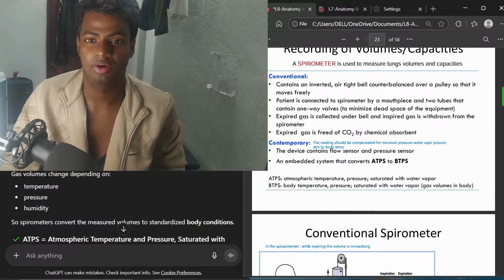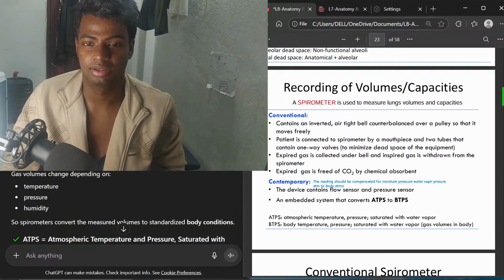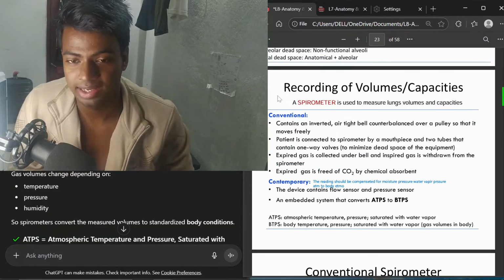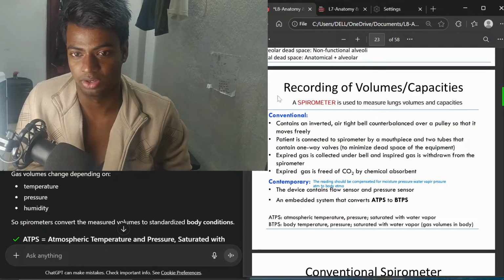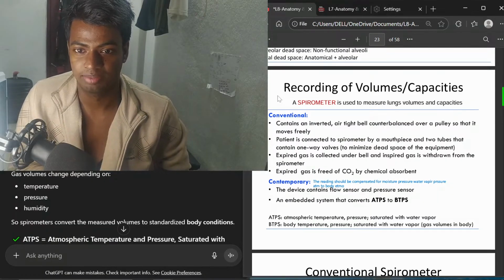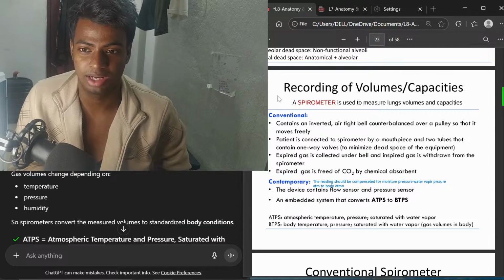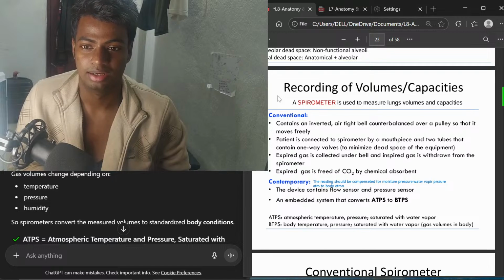So what is the principle behind the conventional spirometer? A spirometer contains an inverted airtight bell which is counterbalanced by a pulley in a water tank. When the patient's mouth is connected to the spirometer by a mouthpiece and two tubes that contain one-way valves, the air moves in a single direction.